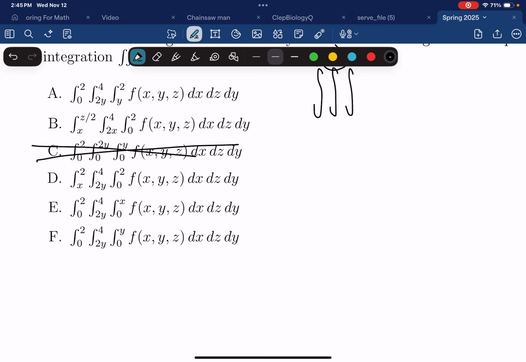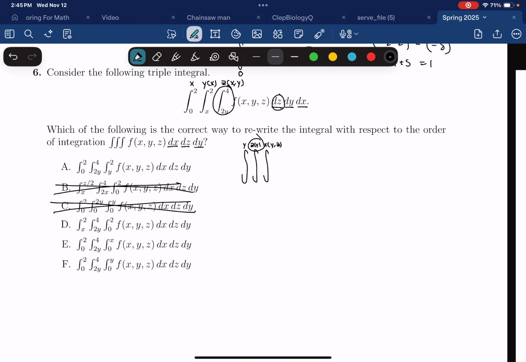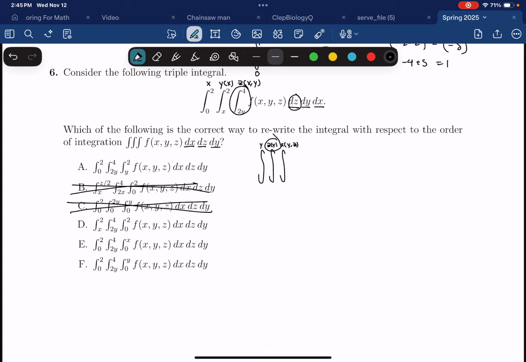So in this case, we can take out a few answers. It wouldn't be C, and it wouldn't be B. But let's look at this the other way, right? So now we don't have to really worry about z. Okay, let's just focus on x and y right here. So this is our y bound, this is our x bound.